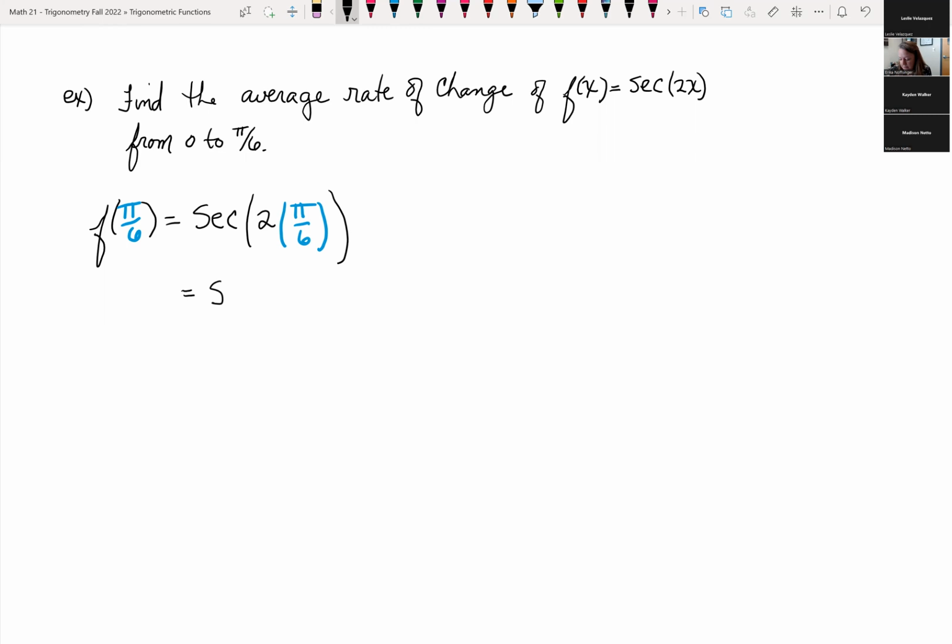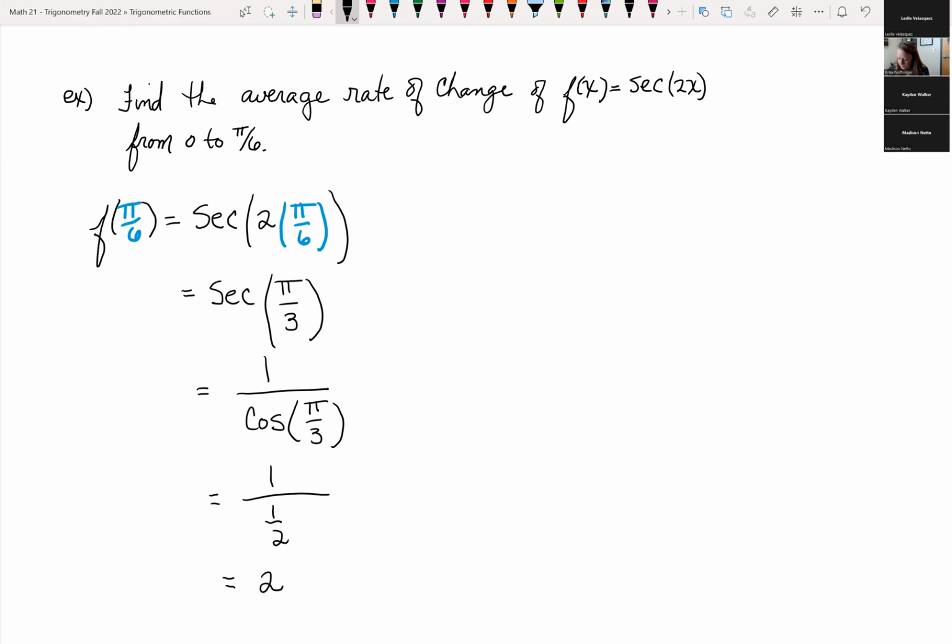We can reduce this. This is secant of pi thirds. If it helps you, rewrite this in terms of cosine. So this is 1 over cosine of pi thirds. Cosine of pi thirds, same thing as 60 degrees, is 1/2. So secant of 2 pi sixths is the same thing as 2. So we have f of pi sixths is 2.